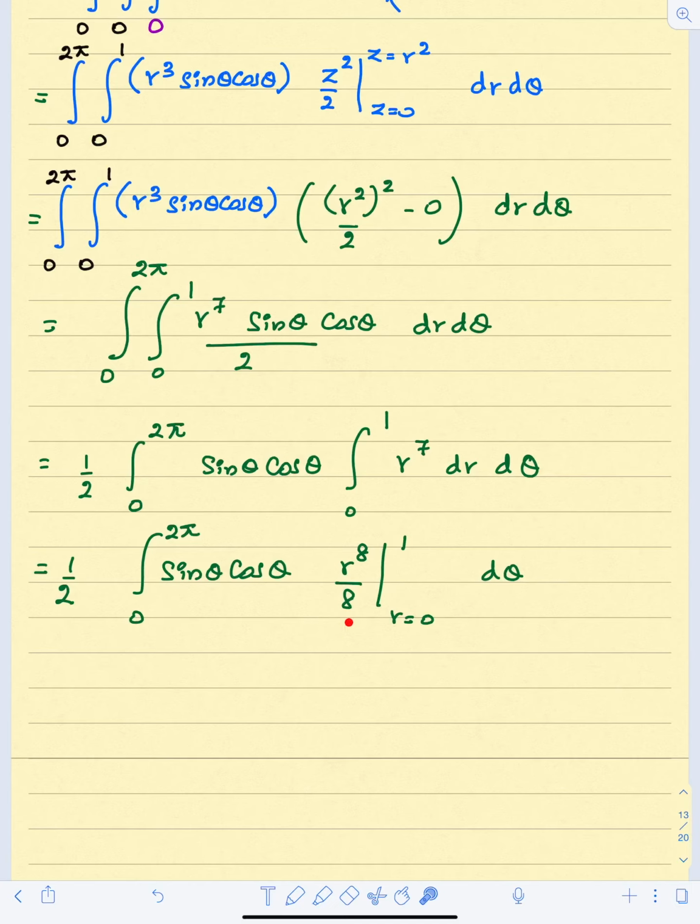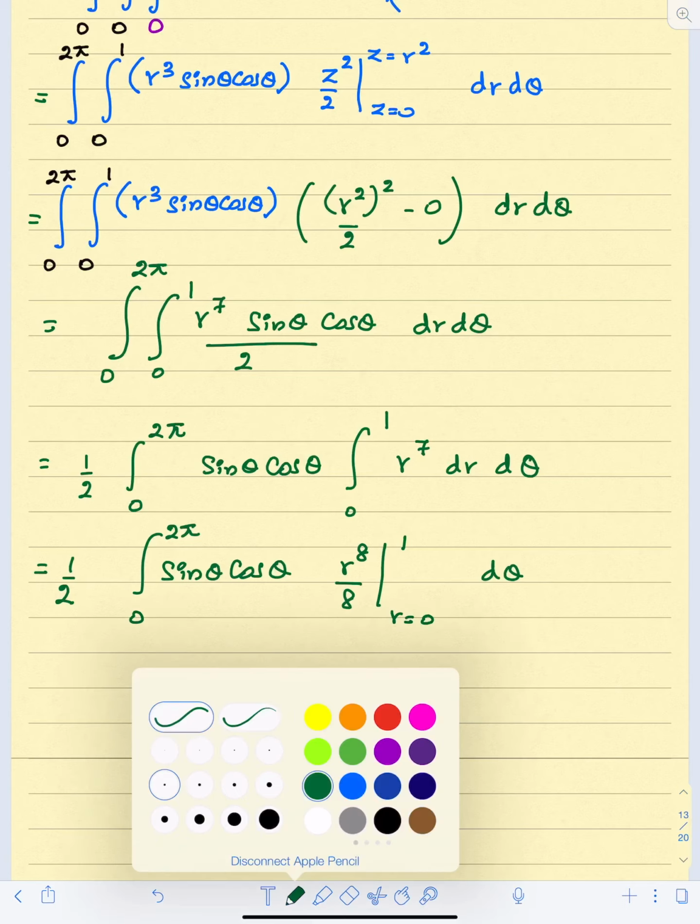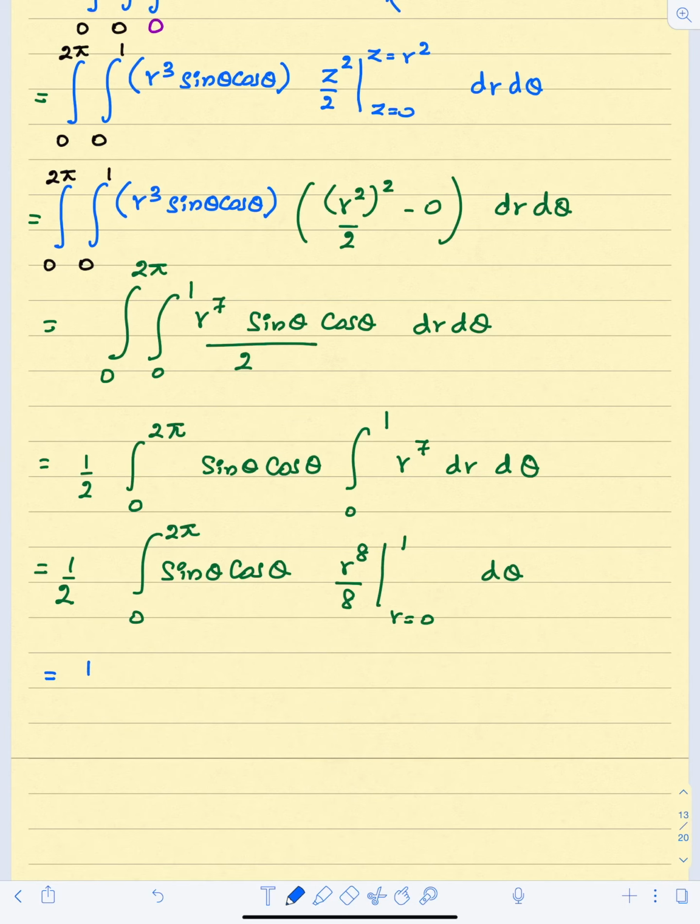Let's pull out that constant from the integral sign. So you have 1/2 times 1 over 8 times the integral from 0 to 2 pi of sine theta cosine theta d theta.